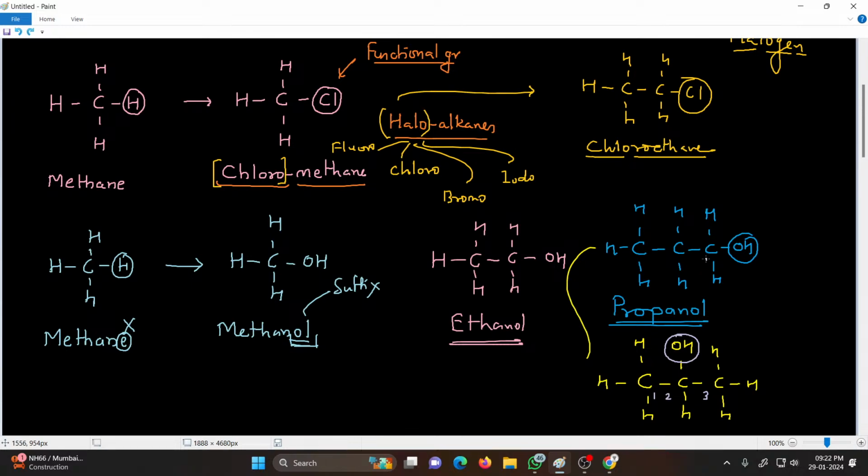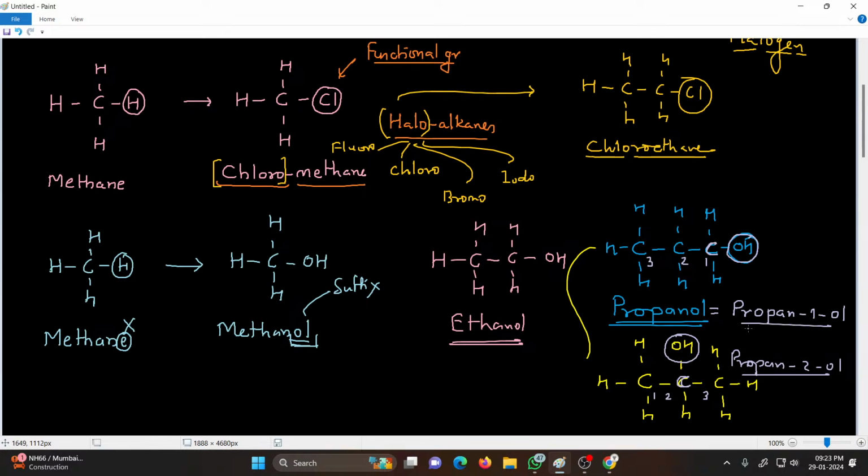We can number from right to left or left to right. That doesn't make any difference. So here the functional group is attached to the first carbon, whereas here the functional group is attached to the second carbon. So we name this compound as propane-1-ol and this compound as propane-2-ol.